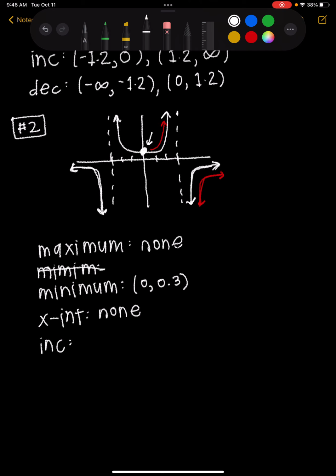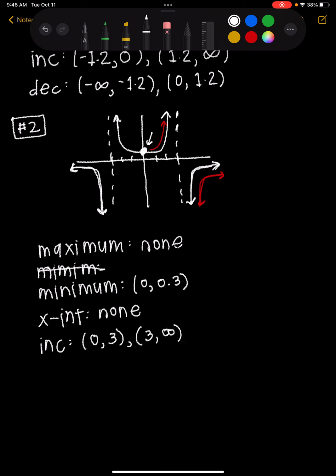So you start with the left chunk, which is that middle chunk. So our x value for where it starts is 0. And then it's going to go up to where this asymptote is, and that's 3, okay? Then it's also increasing on the right side of that asymptote, so it's going to increase from 3 to infinity.